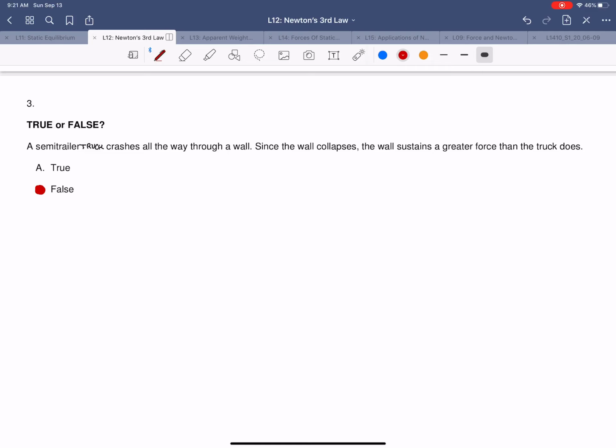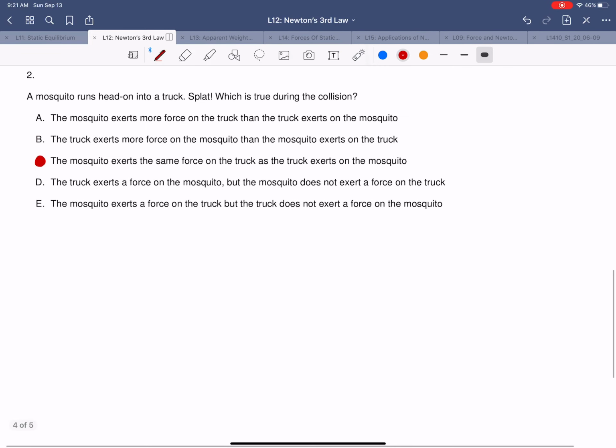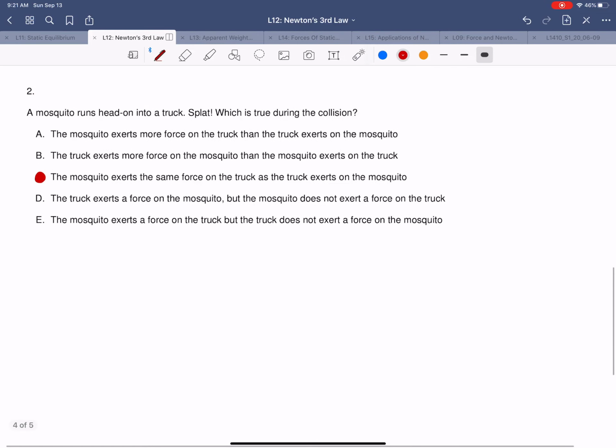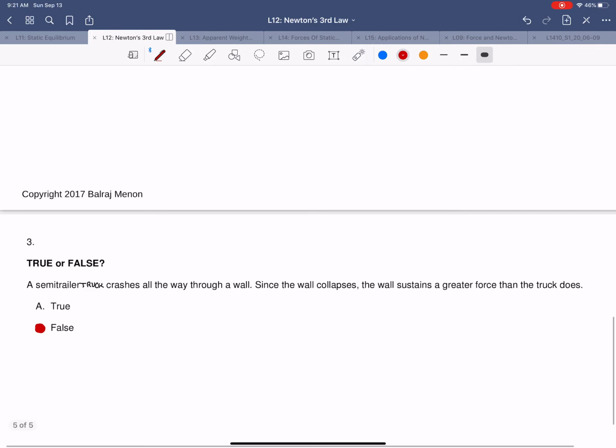The reason the mosquito died in the previous situation and the wall collapsed in this case has to do with the structural integrity of that particular object. But as far as forces go, the forces acting on both objects, the truck and the wall, and the truck and the mosquito, are the same.